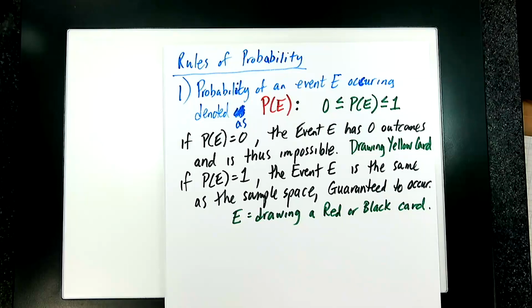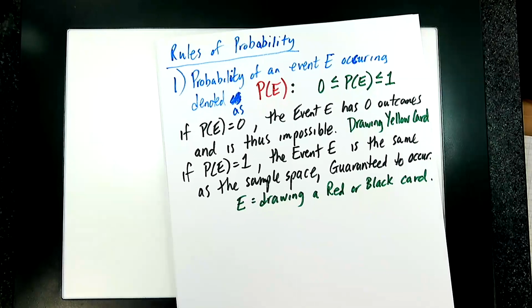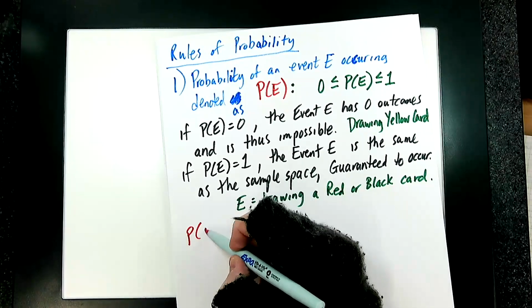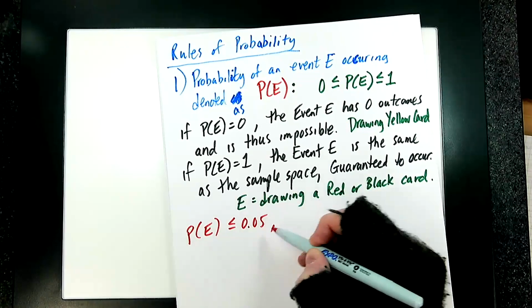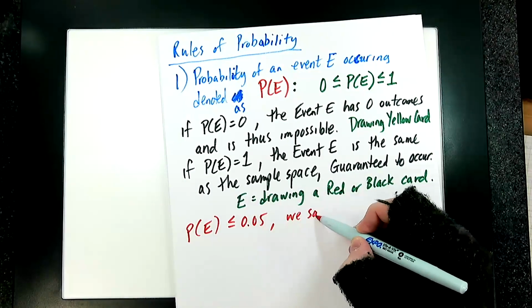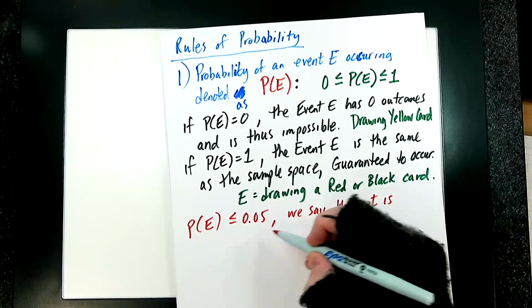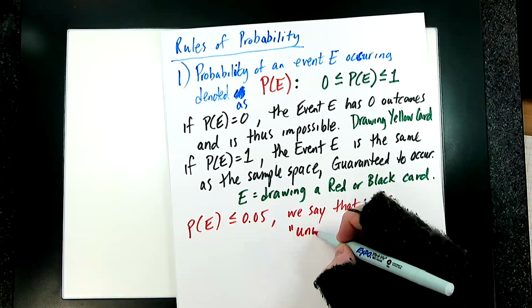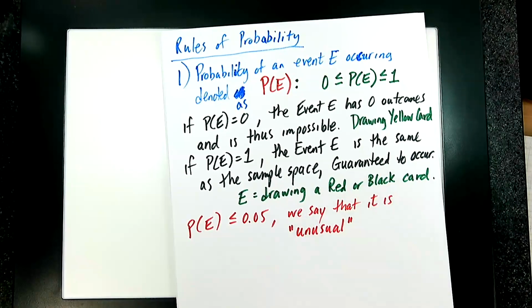Alright. I will add a little bit more. This isn't a hard and fast rule, but if the probability of event E is less than or equal to 0.05, we say that it's "unusual." We're gonna use the term unusual a lot over the next 3 weeks.